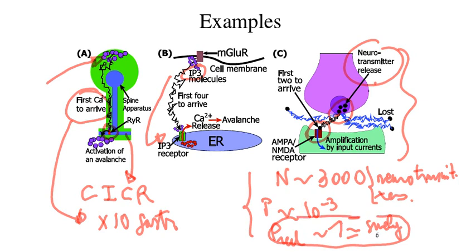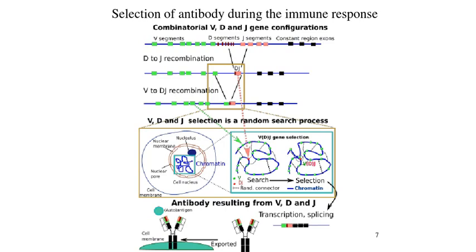How nature has selected this number, this is something that we don't know. And I would say another example is the selection of an antibody during the immune response, where you need three elements, called V, D, and J. V, D, J are first selected, and then V and DJ have to find each other.